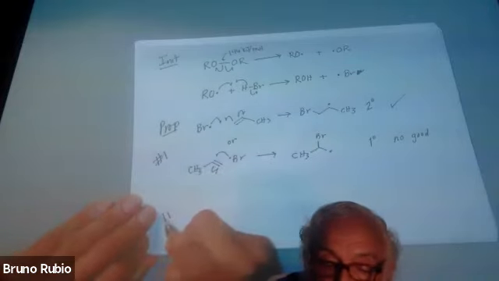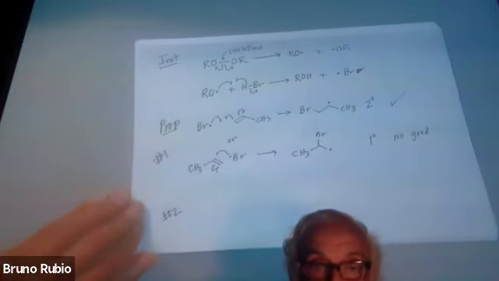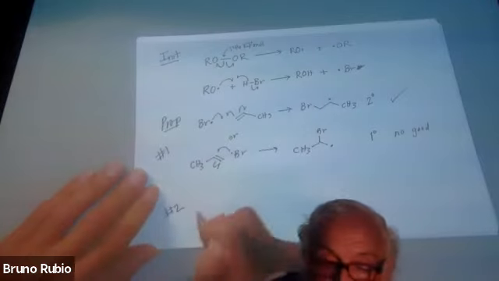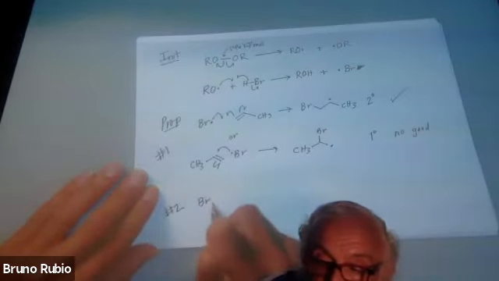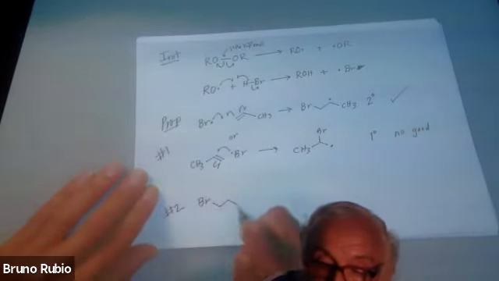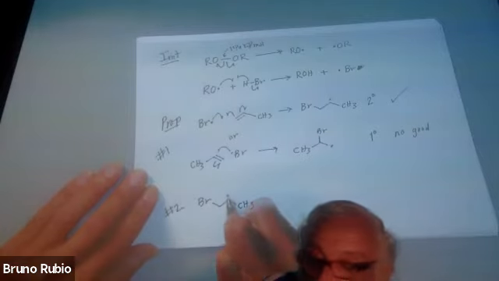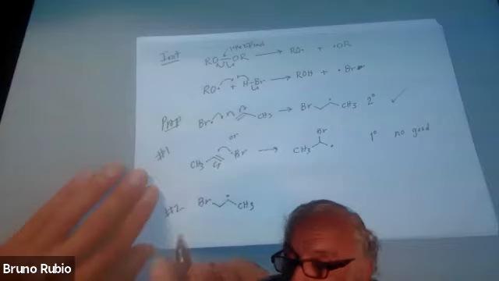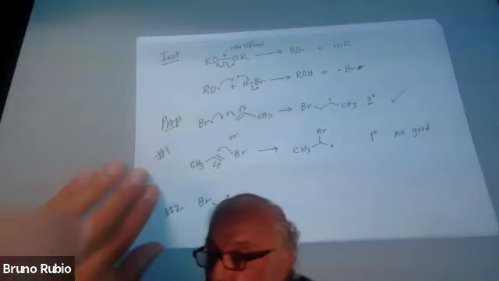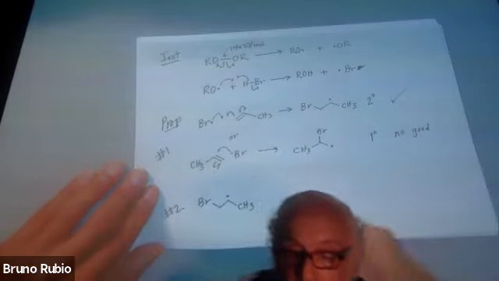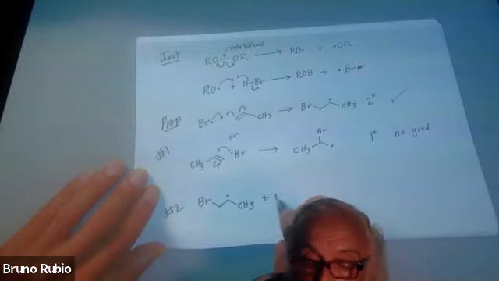We can finish up the reaction now with propagation step number 2, where the secondary radical that put Br on the less substituted carbon is now going to react with HBr.